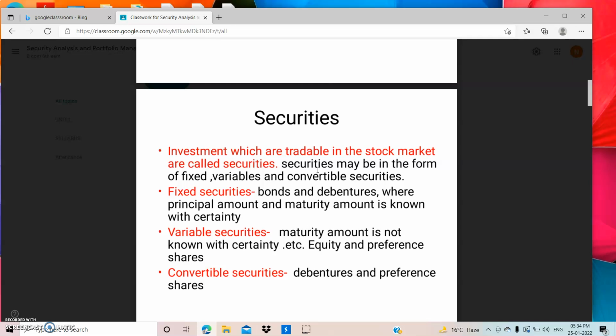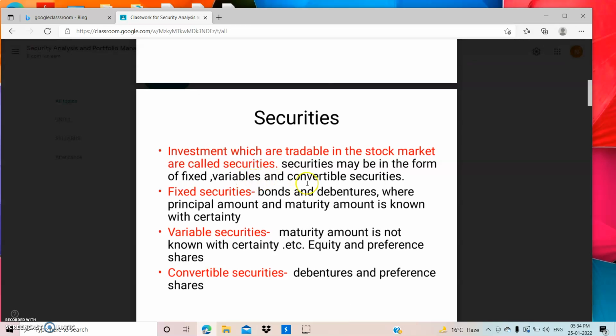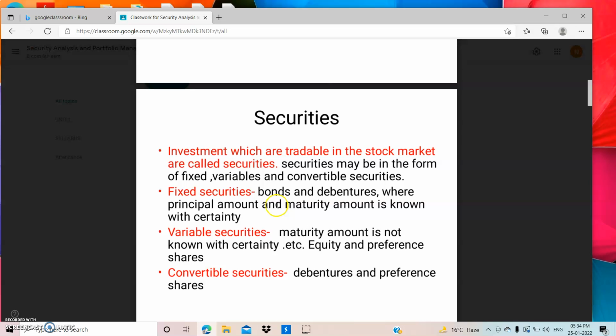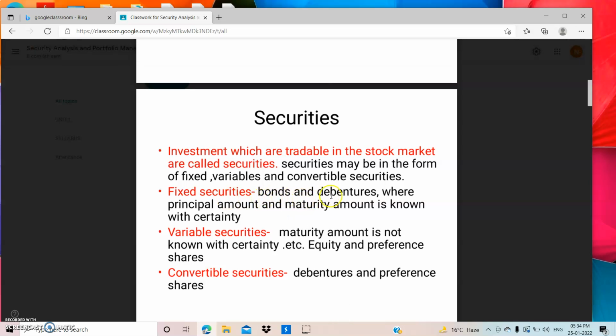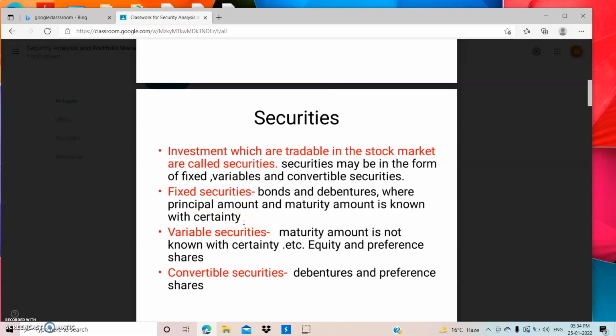Securities can be in the form of fixed securities, variable securities, and convertible securities. Fixed securities include bonds, government bonds, or company debentures, where the principal amount and the maturity amount are known with certainty. Suppose you have purchased a government bond or a company debenture.